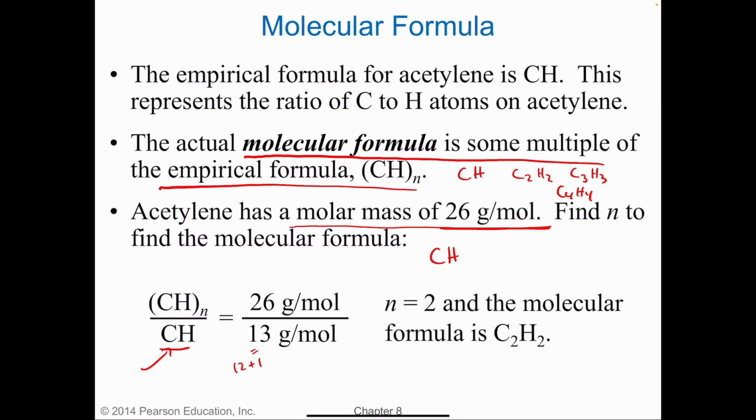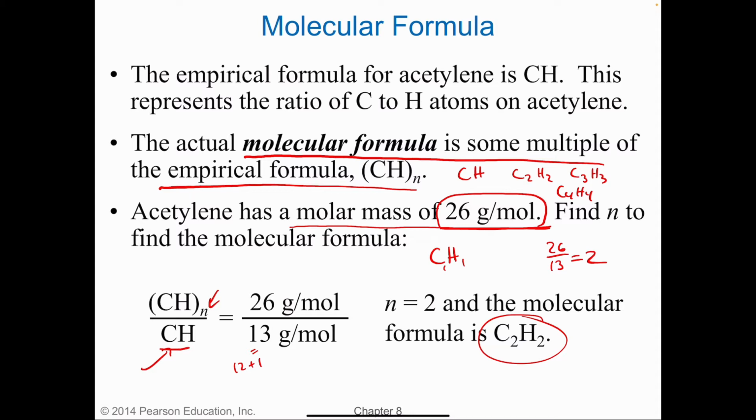And then divide the molar mass that was given, which was 26, by that. So we basically got 26 divided by 13. Well, 26 divided by 13 is 2. So that tells us that this multiplier is going to be 2. So we would take the subscripts, C1, H1, and multiply both of those by 2 to get C2H2.